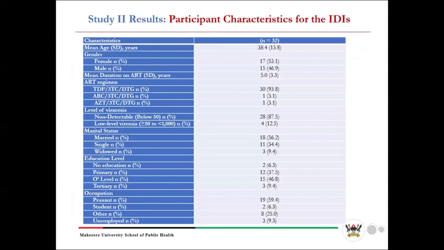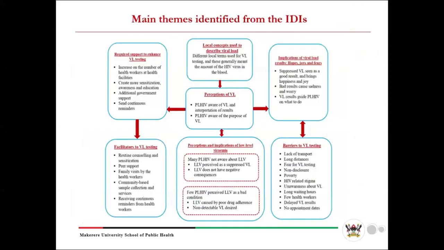And these were the participant characteristics. And we had a number of themes. Basically, 7 themes emerged out of the analyzed data. And this summarizes the themes, which we can look at in detail when the presentation is shared out.